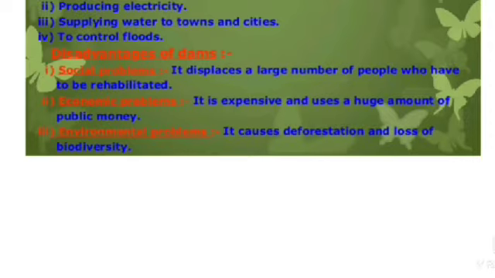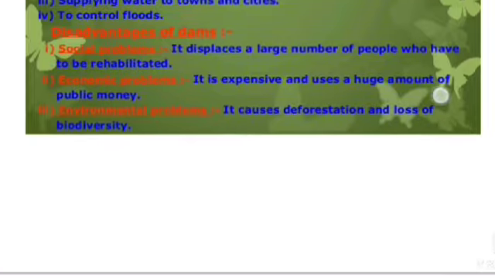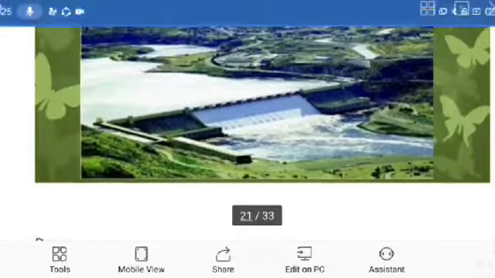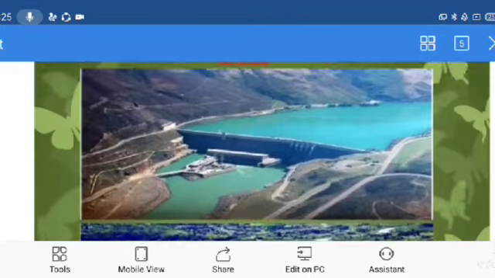Economic problems: it is expensive and uses a huge amount of public money. Environmental problems: it causes deforestation and loss of biodiversity. See some pictures of dams.